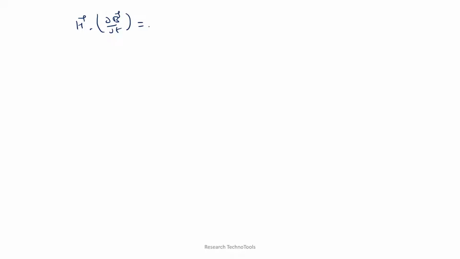Here we can replace the B vector by the H vector: H vector dot mu del H vector upon del t, because we have the relation B vector equals mu H vector. So by replacing the B vector with mu H vector, you get this relation.